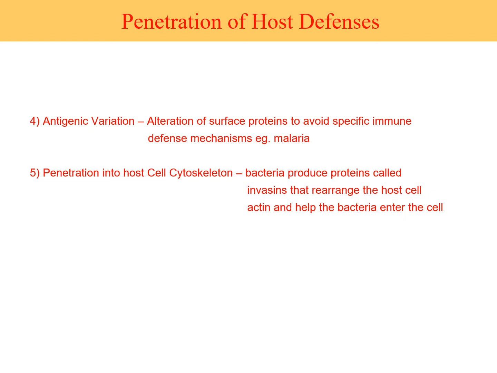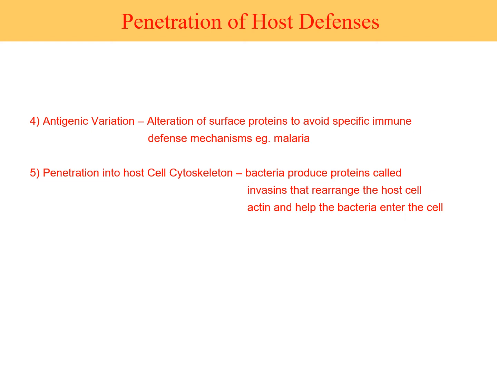It's a protozoa, and the genus name is Plasmodium. There are several species that can cause malaria. Plasmodium vivax and Plasmodium falciparum are two examples. What they have is the genetic-based ability to change the proteins that are expressed on the surface.